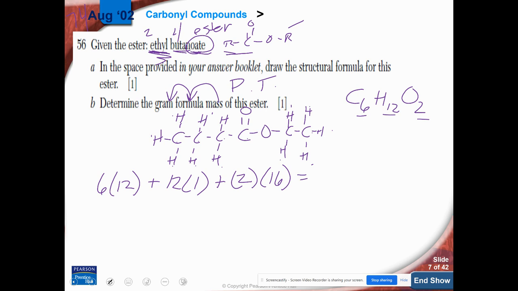And I add those all up and I get 116 grams. And what does that mean? Grams per mole. So that means 1 mole of ethyl butanoate is going to be equal to 116 grams. And just in case you were wondering, this is the pineapple flavor.